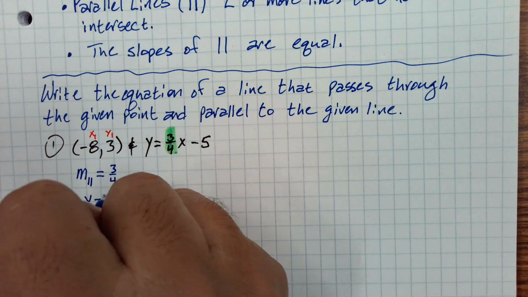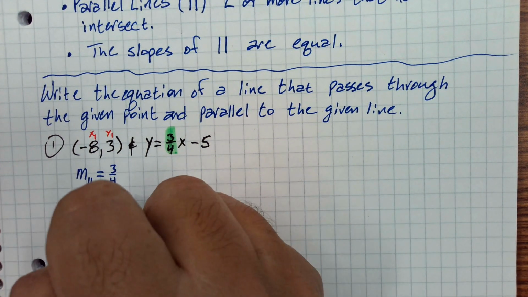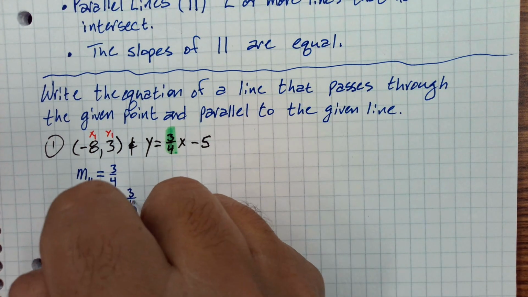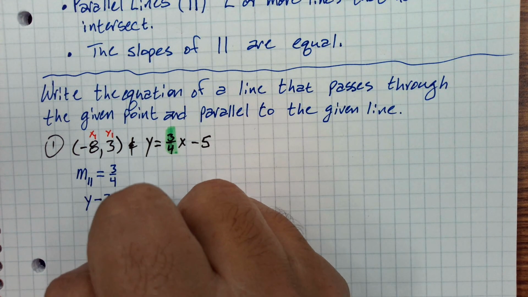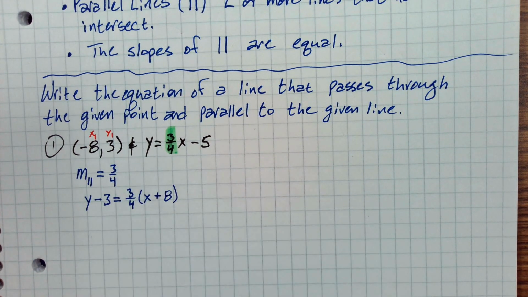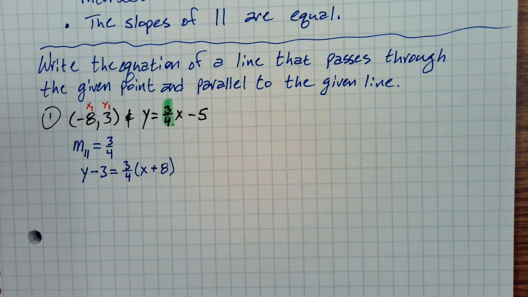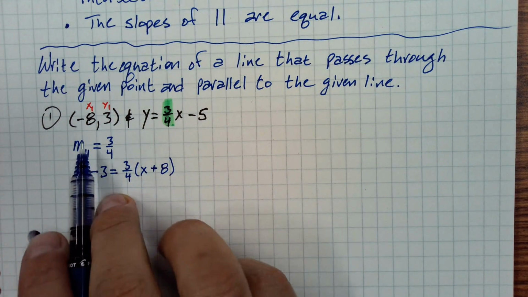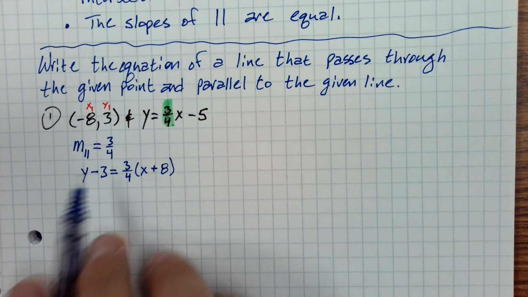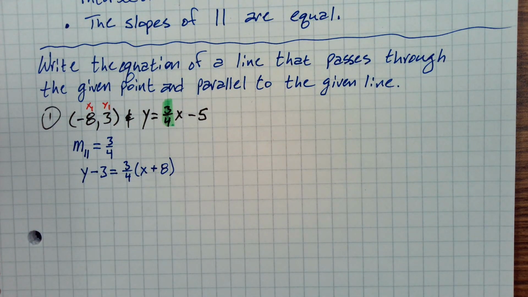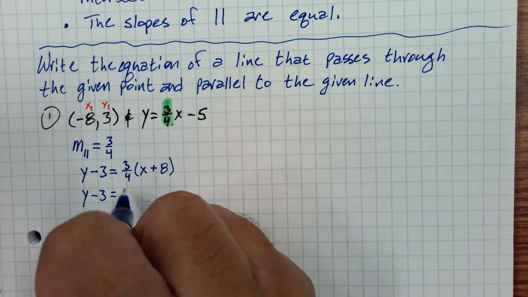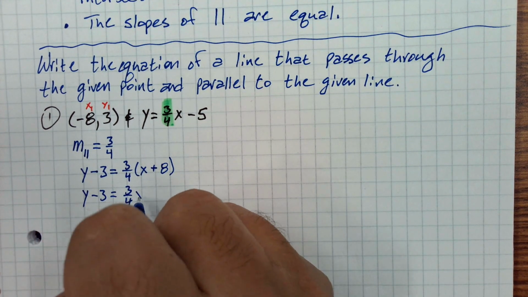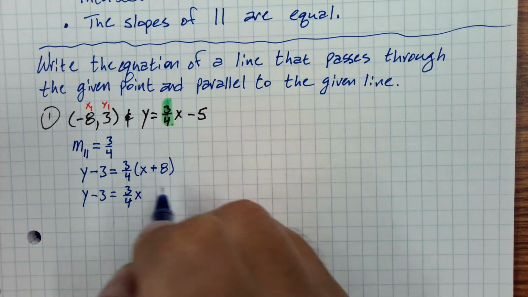So y minus 3 equals 3/4 (x plus 8). We're plugging it into point-slope with that point that we need it to go through, and the slope. Okay? Let's solve it. Let's distribute. y minus 3 equals 3/4 x, and then we have to multiply this.